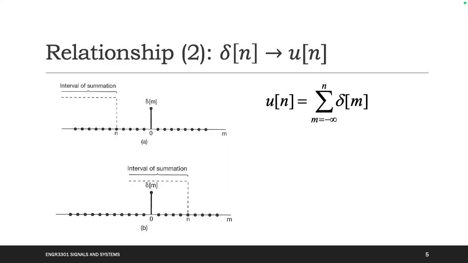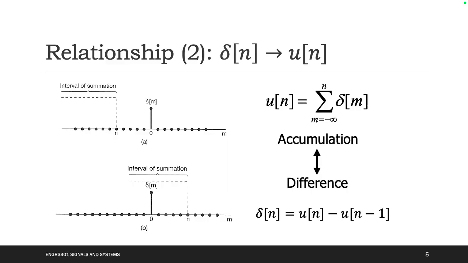So after accumulation, you can use the impulse function to get the step function, and after the difference, you can use the step function to get the impulse function. This is just the opposite thing.